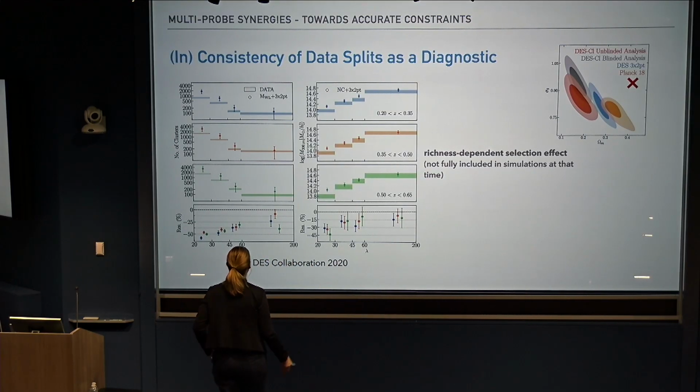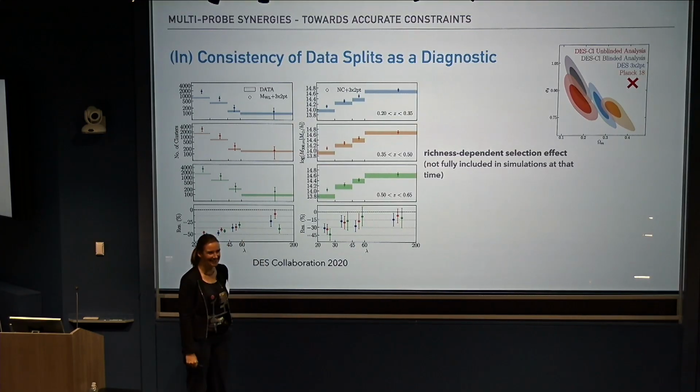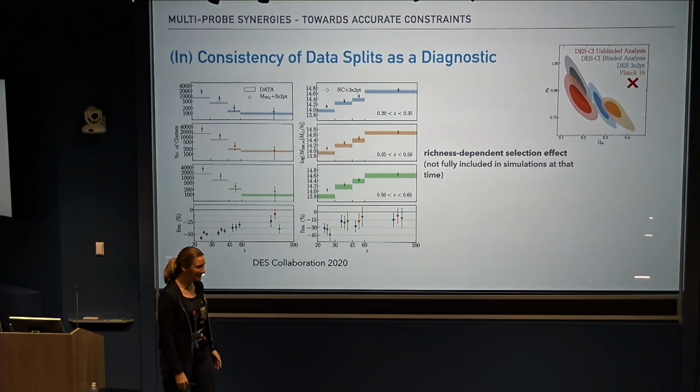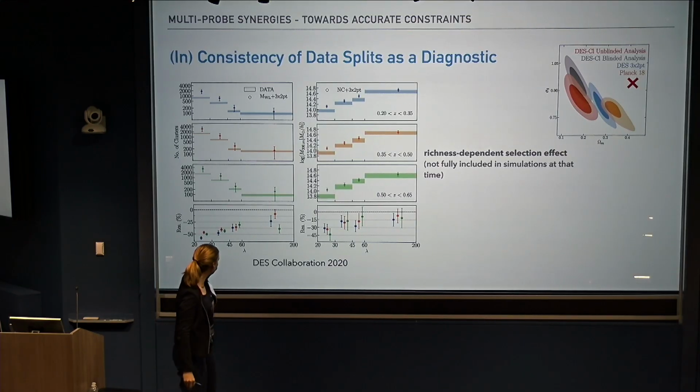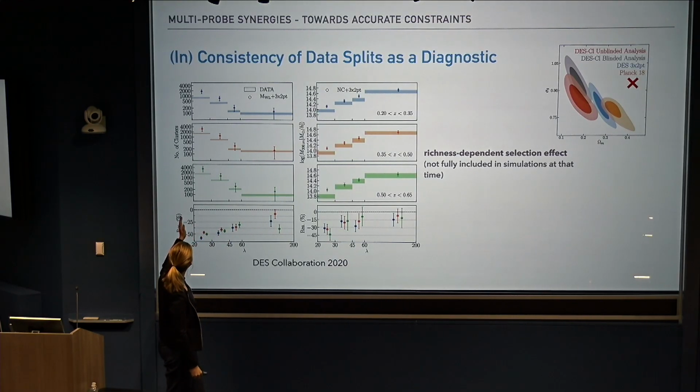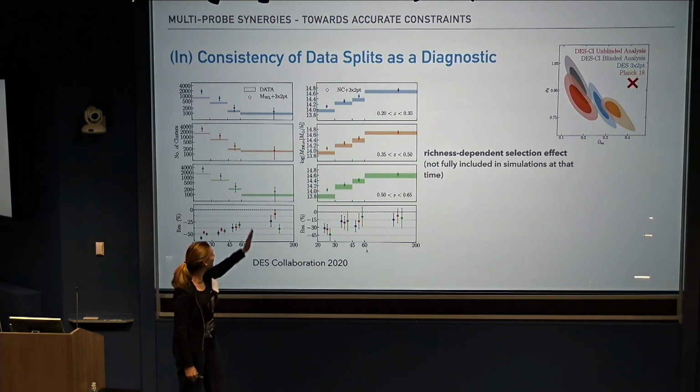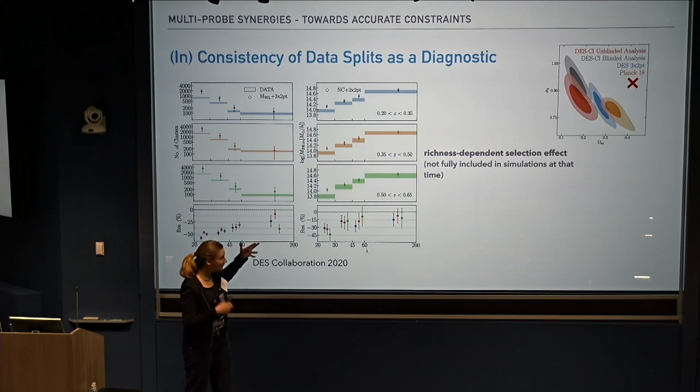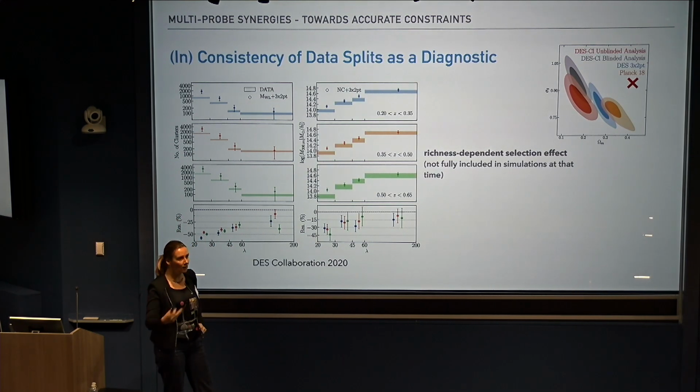Not that great. Again, we did our post-unblinding consistency checks, now predicting, as a function of the richness on the x-axis, what the observed number of clusters or cluster mass should be if we assume the cosmology of the 3x2-point analysis.